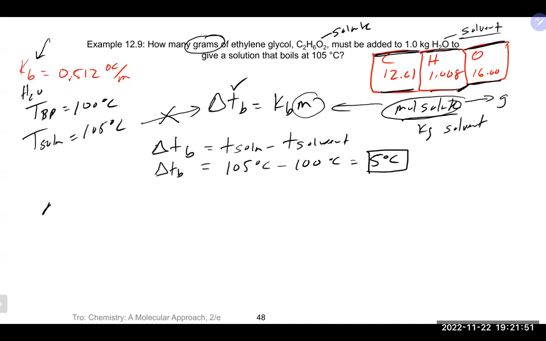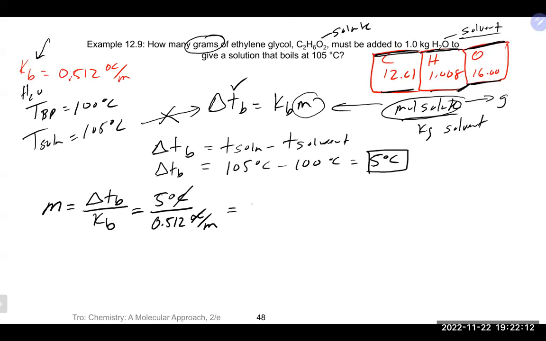That means we can solve for m, which would be the change in the boiling point temperature divided by the KB. That would give us 5 degrees Celsius divided by 0.512 degrees Celsius per molality. The degrees Celsius will cancel. And once again, give us molality up on top when we divide it.